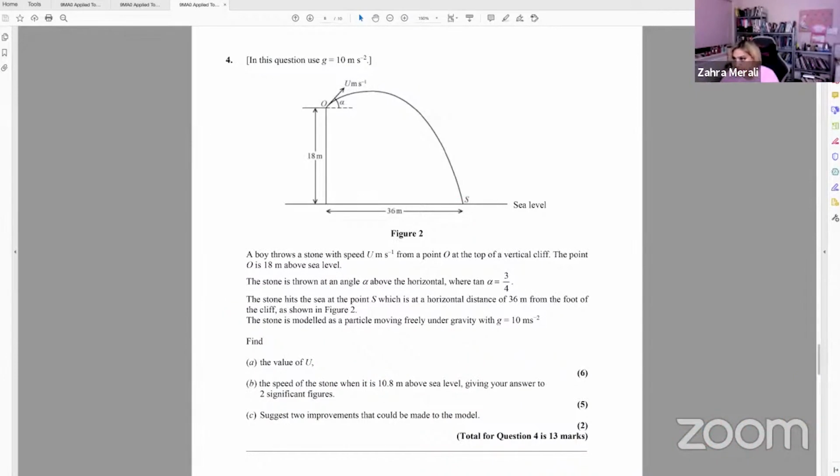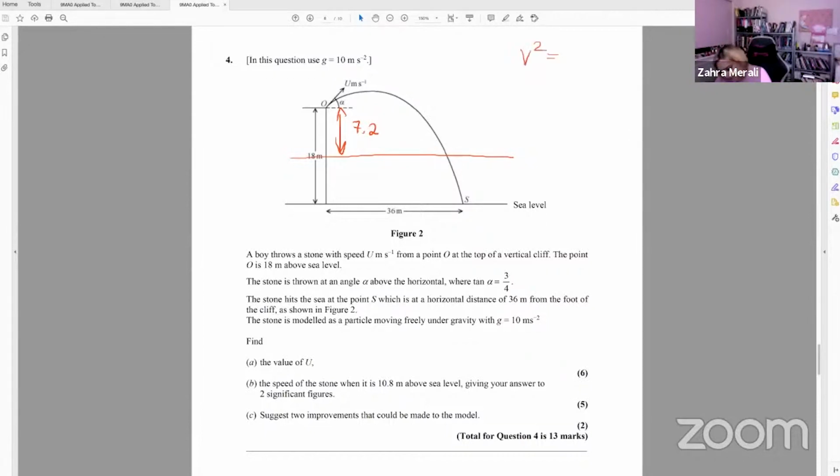Right, so now we want the speed when it's 10.8 meters above sea level. 10.8 meters is over here somewhere. So in terms of where it started, we want it 10.8, which means that it's down, this distance here is 7.2. We care about the vertical drop.